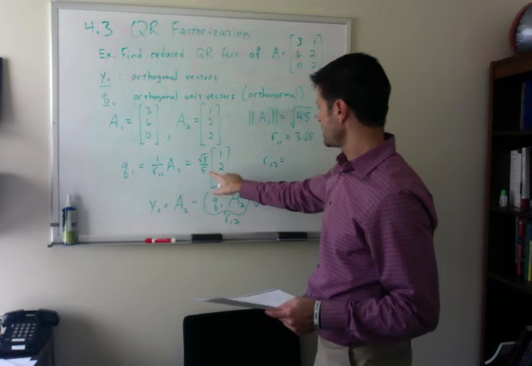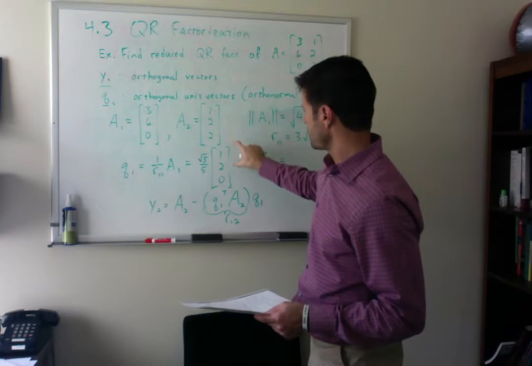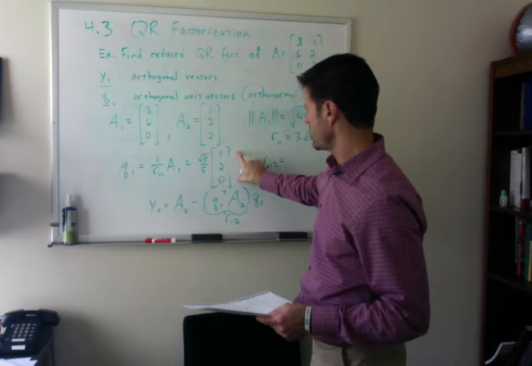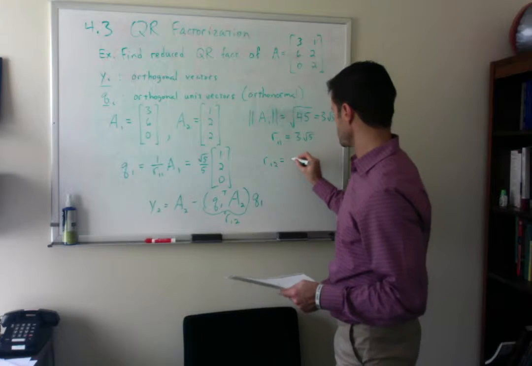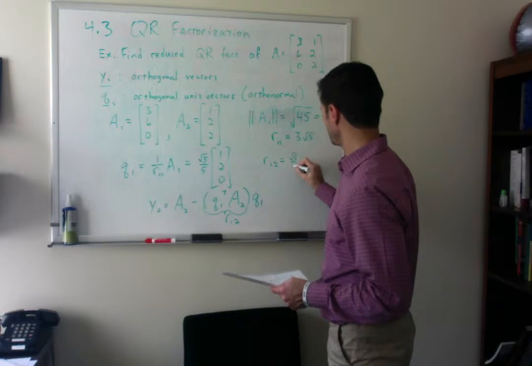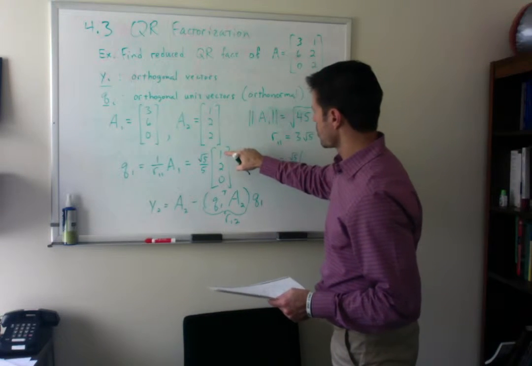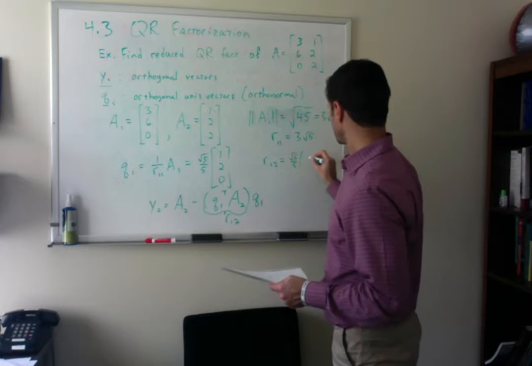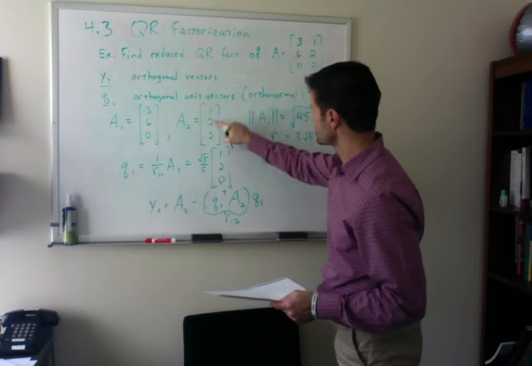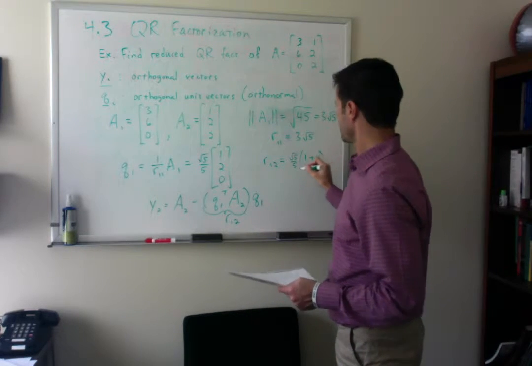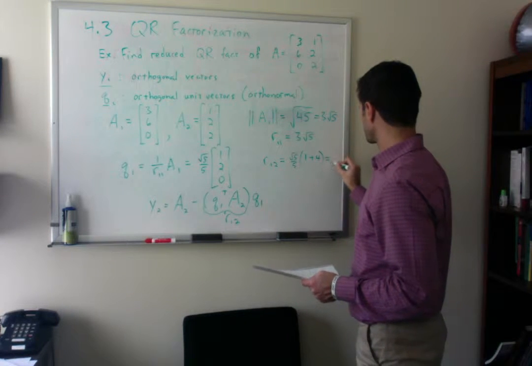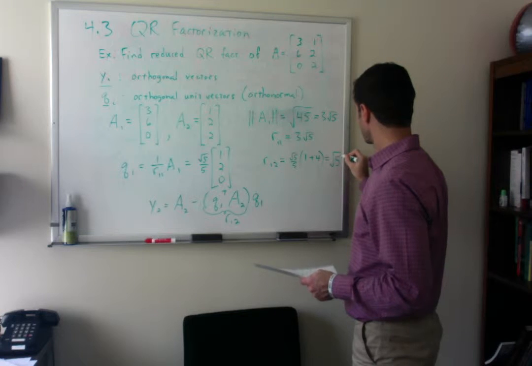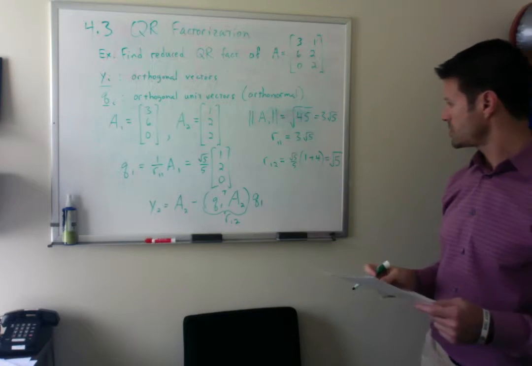If we take the entries of q1, and I'm going to leave this root 5 over 5 on the outside, it looks like it's going to be root 5 over 5 times 1 times 1 plus 2 times 2, and then plus 0. So this turns out to be root 5. So that r12 is root 5.